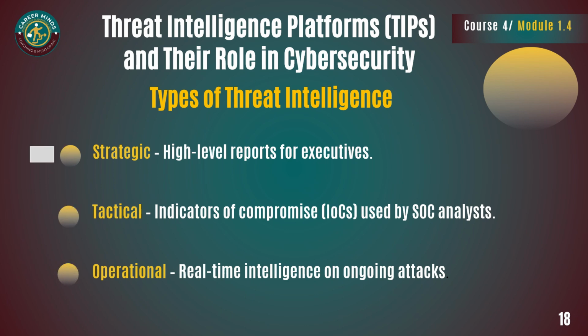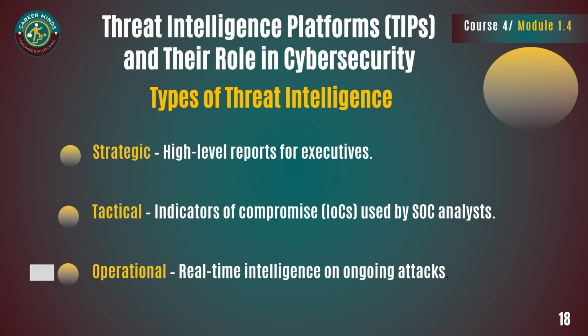The very first one is strategic, which is high-level overviews for executives to use, mostly for planning. That's why it's called strategic. Then we have tactical, which is technical indicators like IP addresses and file hashes. And then we have operational, which are details about current threats that are targeting your industry.